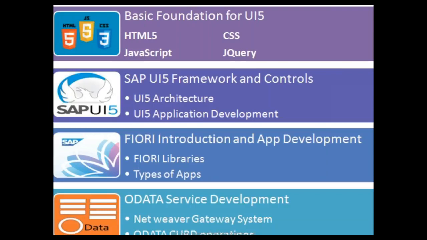We will also talk about different varieties of models like JSON, XML, resource, and OData model. We will talk about the general practice of creating UI5 apps using different concepts like fragments, formatters, and binding. Binding itself is of 3 types: property binding, element binding, and aggregation binding. We will talk about all of them in this phase.